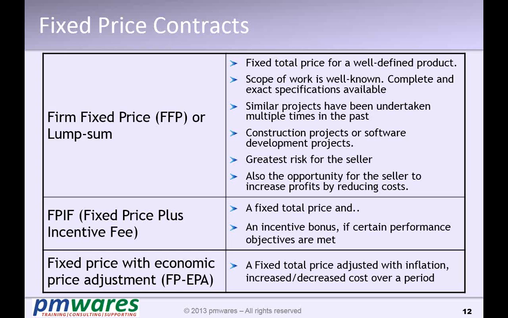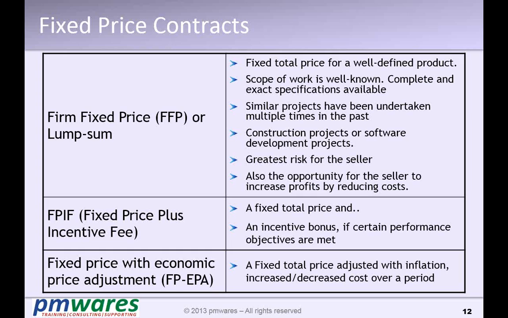If he delivers the same thing at more cost, he loses his margins, maybe he can even suffer losses, but the firm fixed price will not change. The price will not change until the scope of the project changes. Therefore, we say the complete risk in firm fixed price contracts is on the vendor.